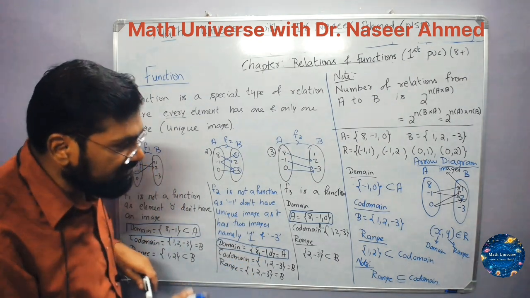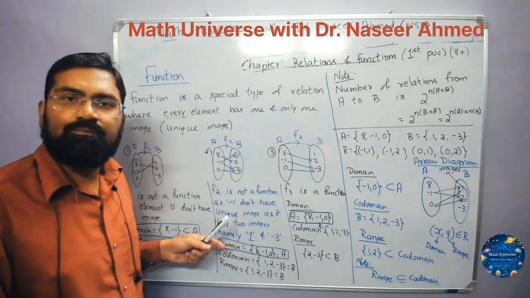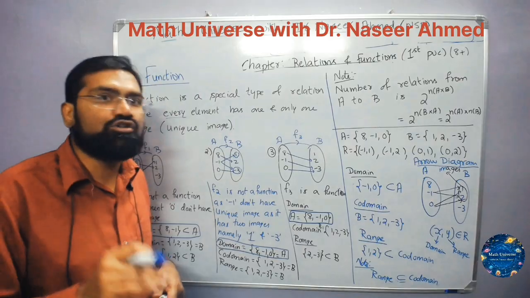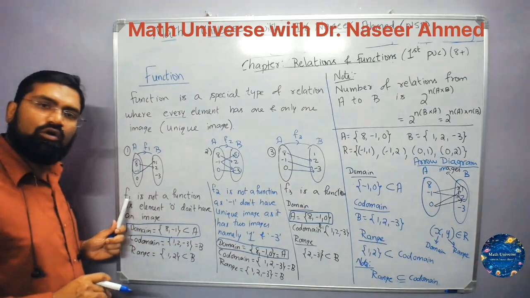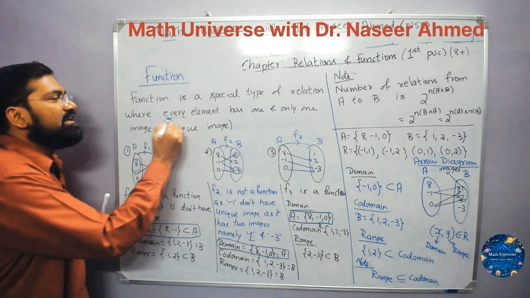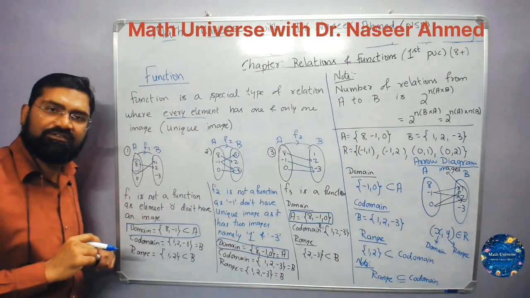But coming to a function, always the first set will be what? Domain. There is no chance that a subset of A will be the domain. If it is so, it will be the scenario where at least one element doesn't have an image. But here we have said every element should have an image. So that's the basic difference.